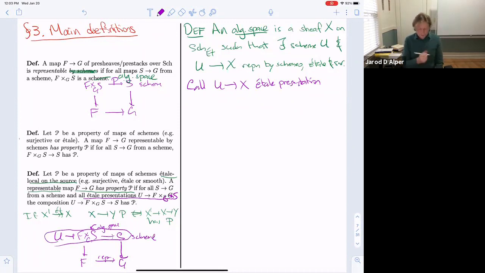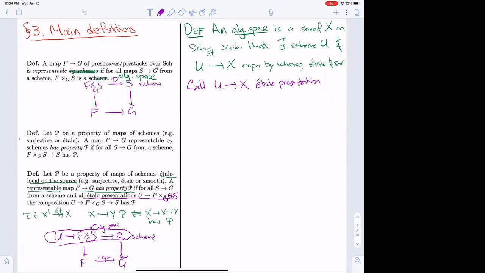So shortly we'll get into much more detail and background about properties of morphisms of algebraic spaces. But at least now we can talk about what it means for a morphism of algebraic spaces to be surjective, étale or smooth.